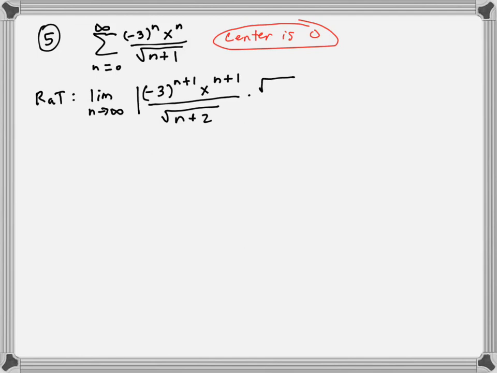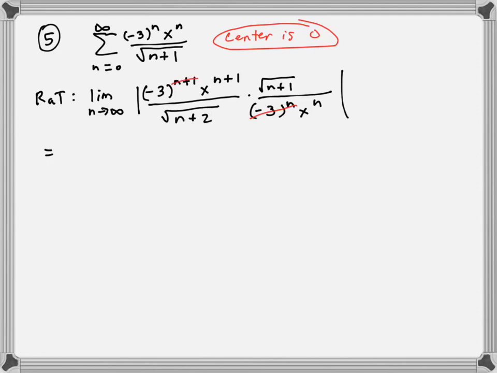We're going to get square root of n plus 1 on the top. On the bottom we get -3 to the n x to the n. What does this equal?